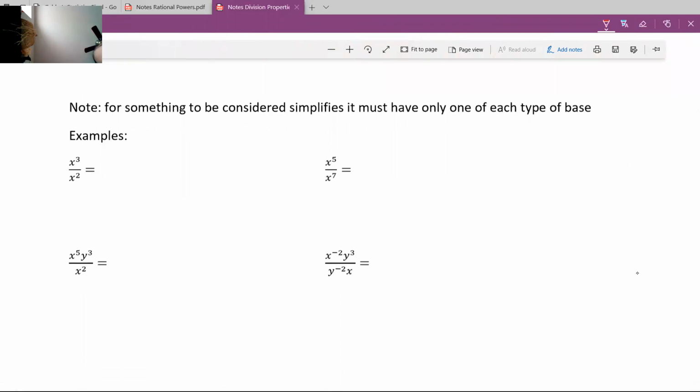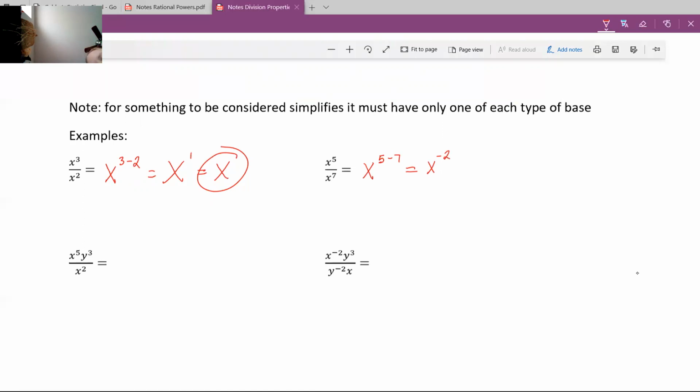So x to the third divided by x to the second is really x to the 3 minus 2. And 3 minus 2 leaves me with just x to the 1, which is the same thing as x. If I have x to the 5th divided by x to the 7th, that means I have x to the 5 minus 7, which is x to the negative 2.